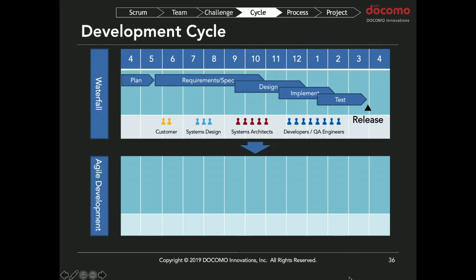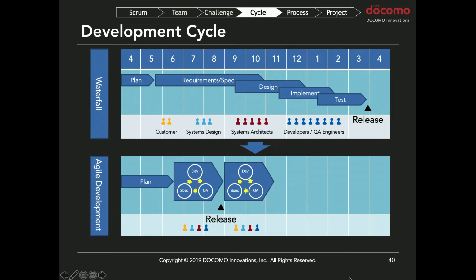But on the other hand, in agile development, we need to have some plan, but after that, we have the specification and requirement consideration, and then development, and then quality assurance, for example in a 2-week or 1-month time frame, and the release.